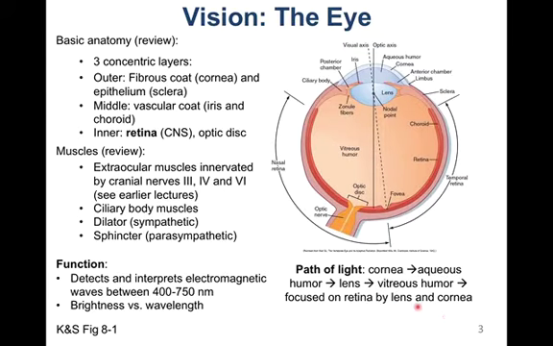The lens can take on a more flattened shape or a more rounded shape depending on whether you're looking at something that's close up or if you're looking at something that's further away. So the refraction of light by the lens is adjustable.